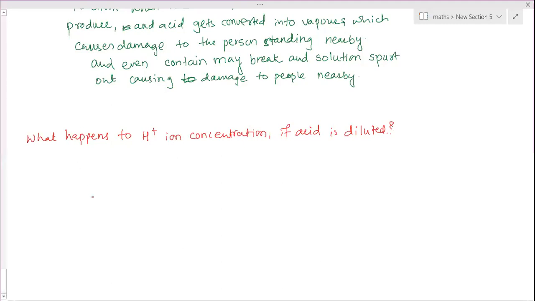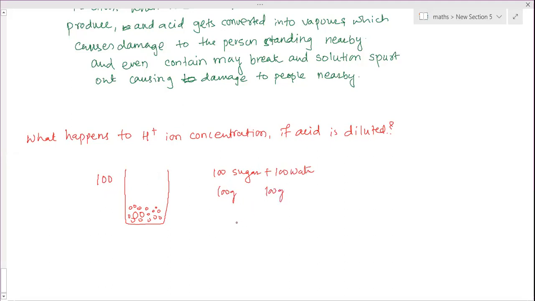Initially, as a simple example in terms of numbers, it is not practically happening: suppose there are 100 sugar particles and 100 water particles in a solution. Take 100 grams of sugar and 100 grams of water.